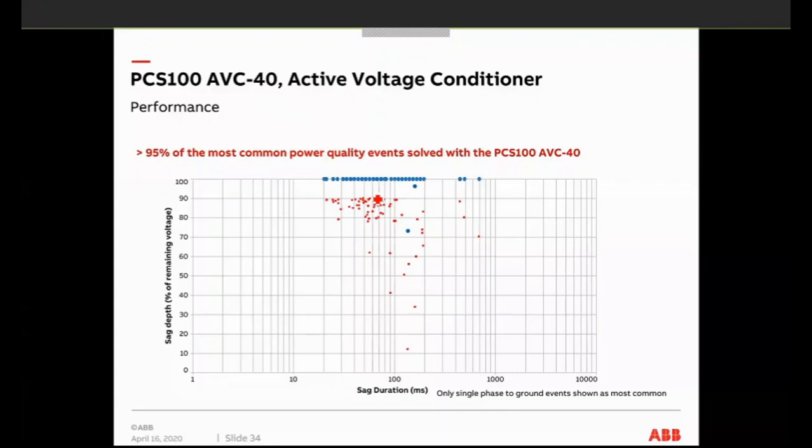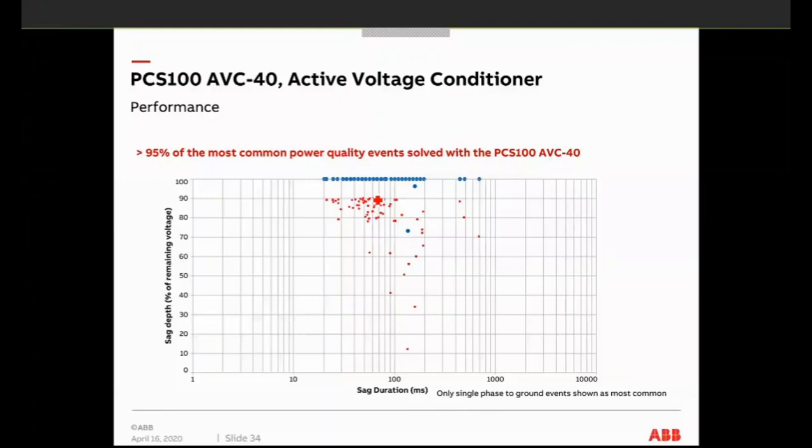And also just to let you know, guys, that this red dot that we had is actually a power quality event that we did here in the Philippines. Okay, so with this product, we were able to solve almost above 90% of those power quality issues.